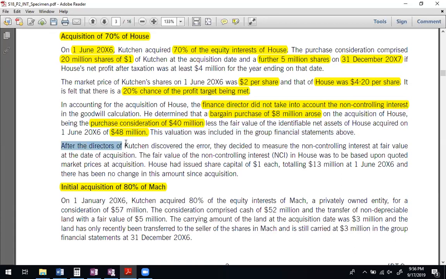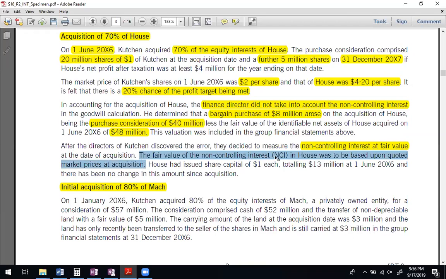It says, after the directors of Contingent discovered the error, they decided to measure the non-controlling interest at fair value, which means they are entrusted to follow the full goodwill method. The fair value of the non-controlling interest in house was to be based upon quoted market price at acquisition.